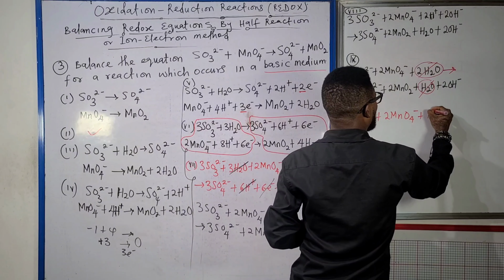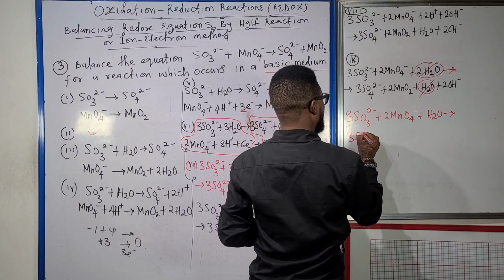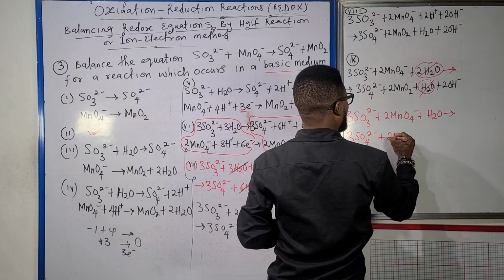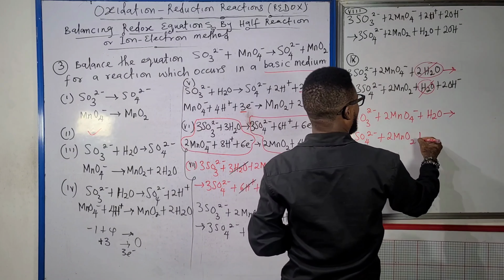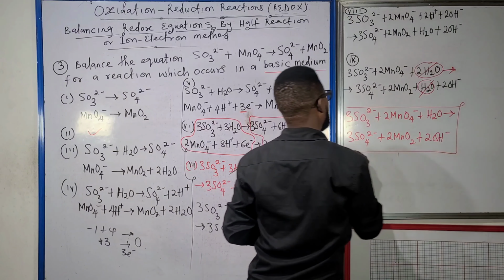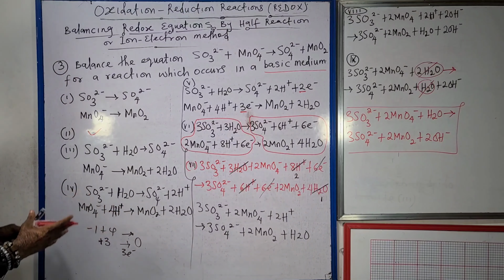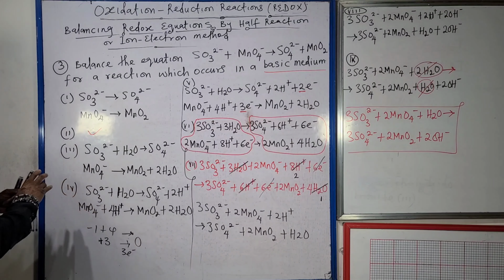I'm left with just 1 mole of water here to give me 3SO4 2 minus plus 2MnO2, no more water here, plus 2OH minus. This here is a balanced equation because the reaction takes place in an alkaline medium, and that just ends it.